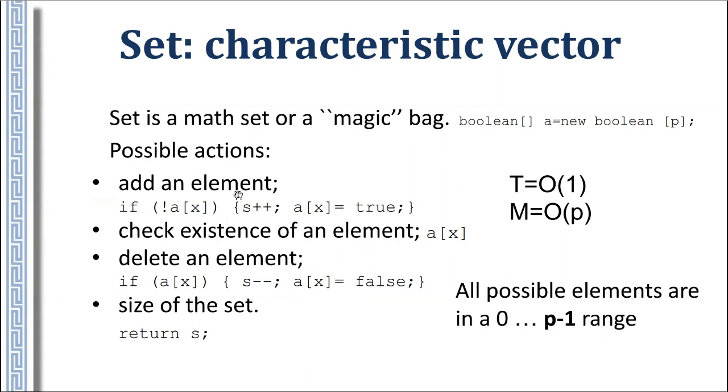So if s is always actual, then what we do, we just increase s if we add an element. If the element x does not belong to the set and then we add it, then we increase it. So if it was false and it becomes true, then we increase size.